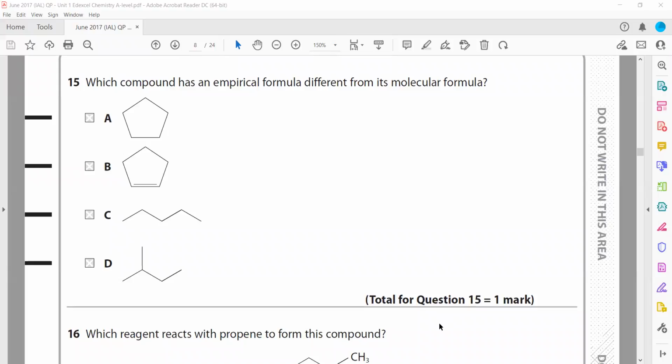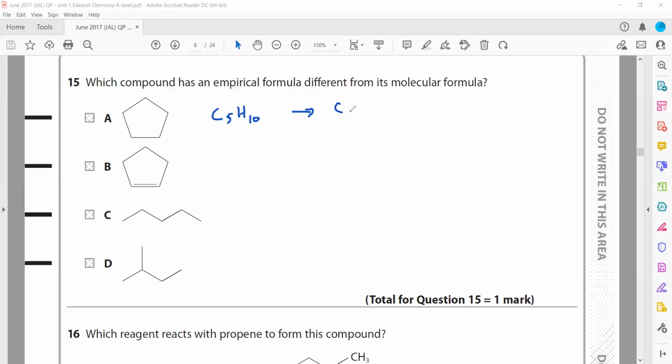Which compound has an empirical formula different from its molecular formula? So a compound which has the same empirical and molecular formula. Here 1, 2, 3, 4, 5 carbons, so C5, and because it's a cyclic alkane it has the same general formula as an alkene, so C5H10.